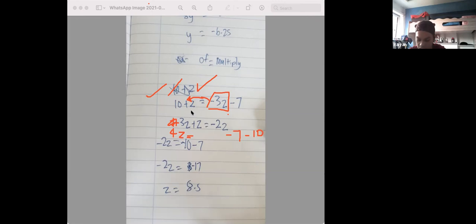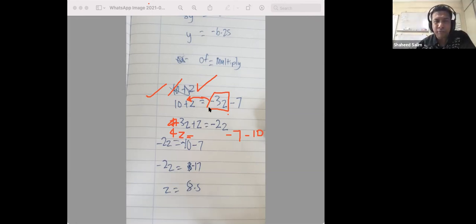Negative 4z or just positive 4z? This is positive 4z because negative 3z, you bring over, become positive 3z. Then 3z plus z, 4z, positive. And then the 10 you bring over, become negative 10.